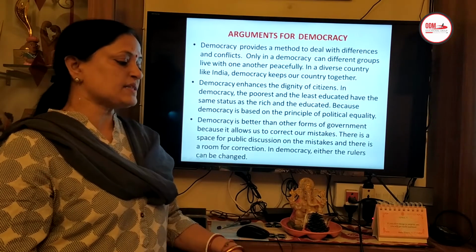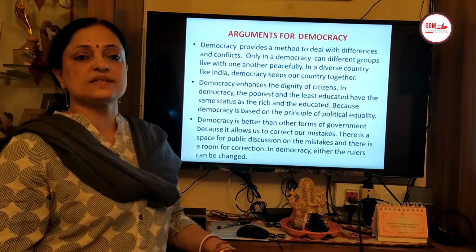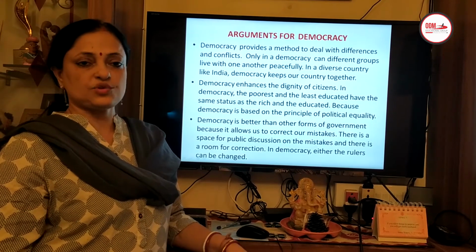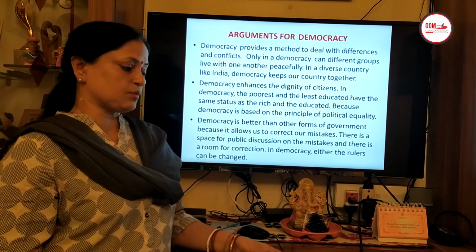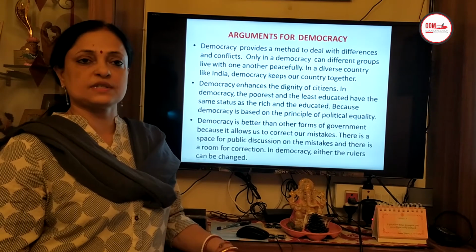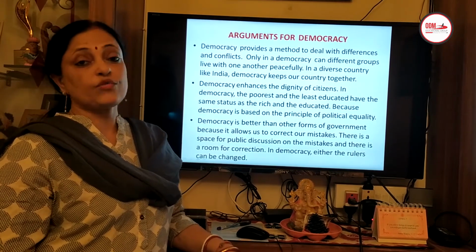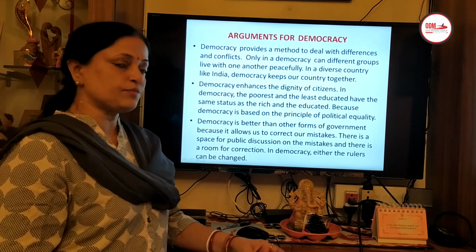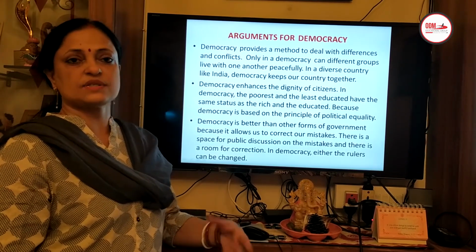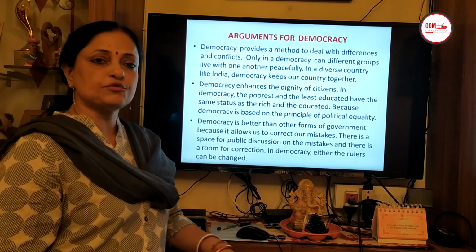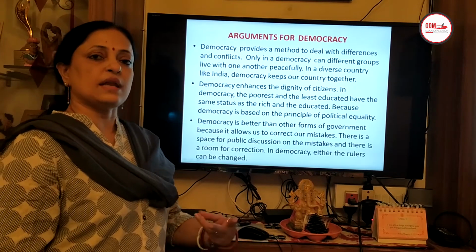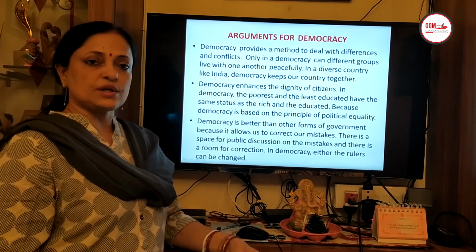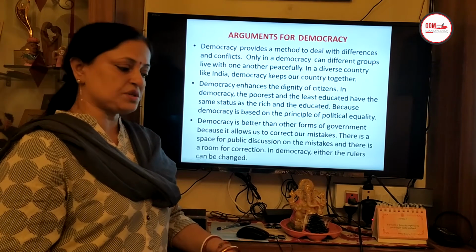Then it provides a method to deal with differences and conflicts. We know very well that India is a diverse country. It is full of diversity in language, religion, food habits, culture and religious traditions.